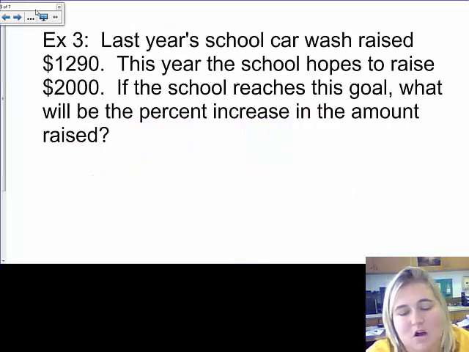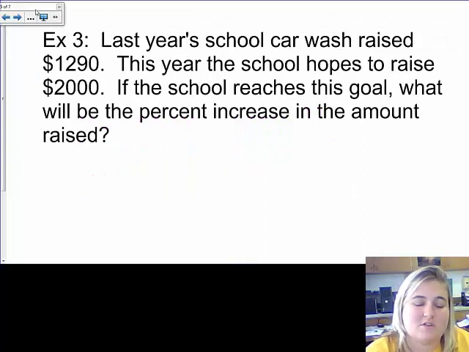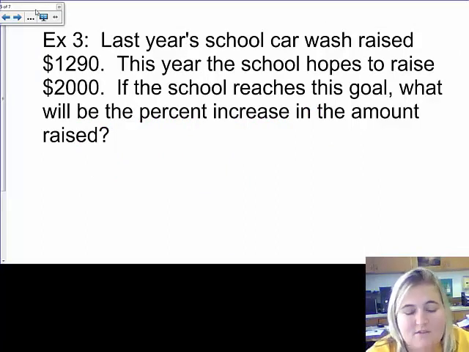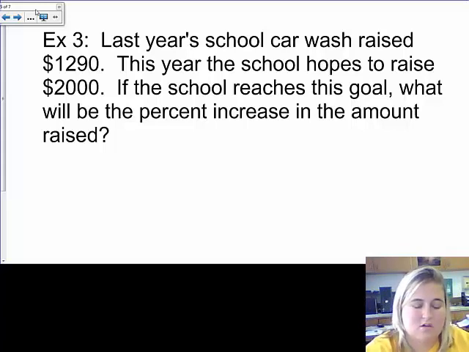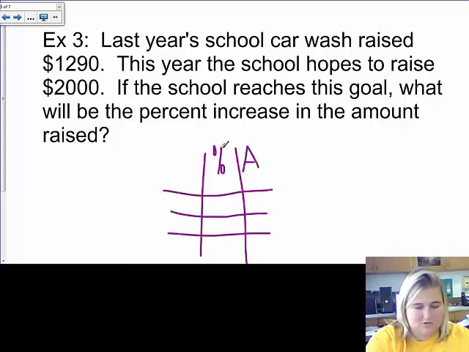Last year's school car wash raised $1,290. This year the school hopes to raise $2,000. If the school reaches this goal, what will be the percent increase in the amount raised? So I'm going to again start with my percent, actual, original, change, new.